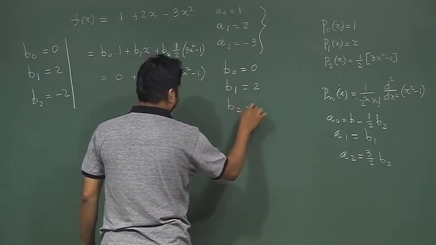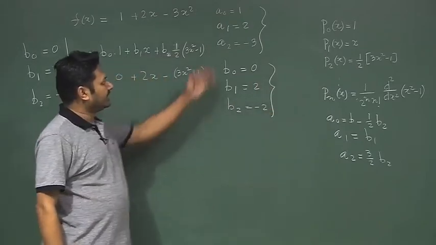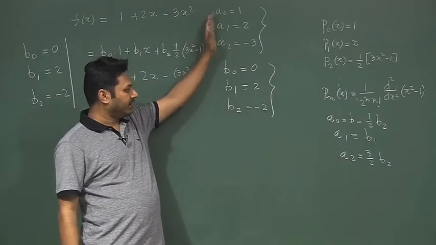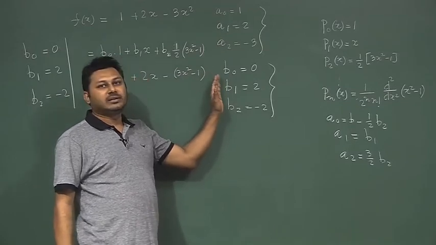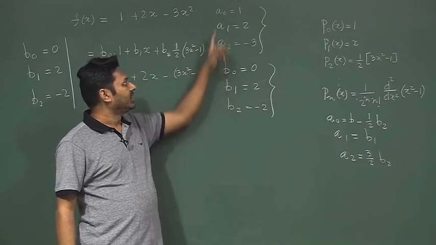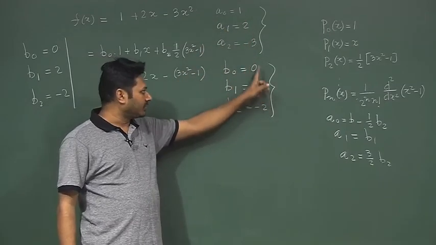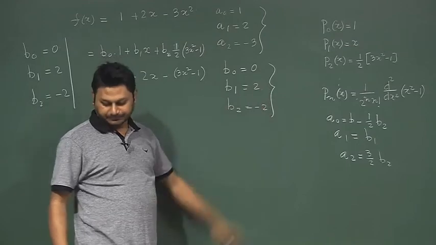It is like writing one vector and changing that vector to another basis; for the same vector, the coefficient is going to change. Mind it, here it is 1, 2, minus 3, now it has come to 0, 2, minus 2.